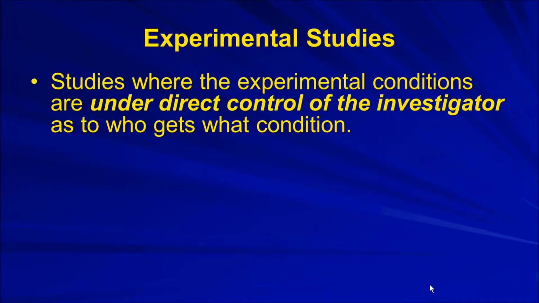Now, experimental studies. Now notice this. These are studies where the experimental conditions are under direct control of the investigator as to who gets what condition. Effects are measured by comparing the experimental and comparison or control group.